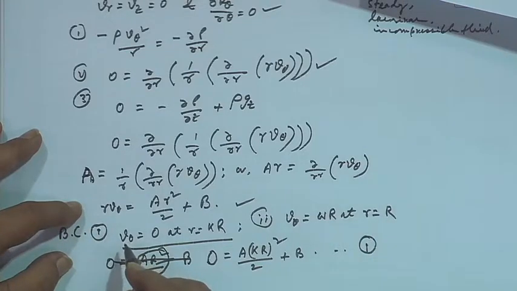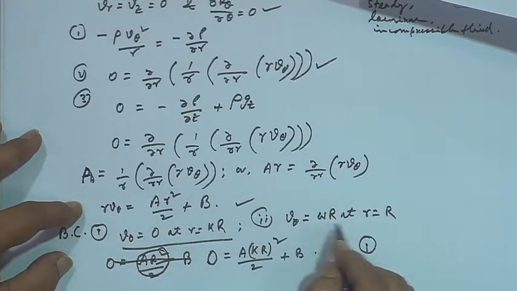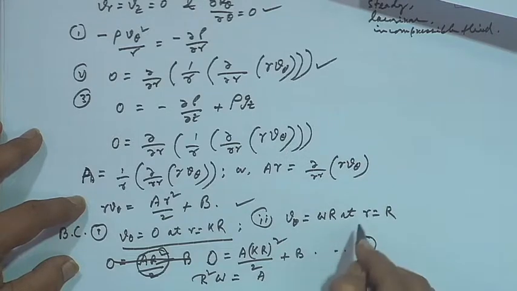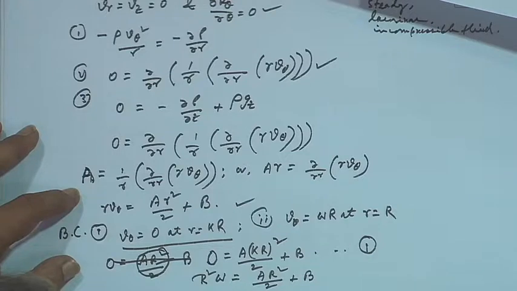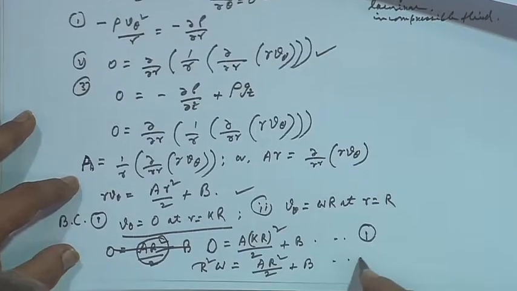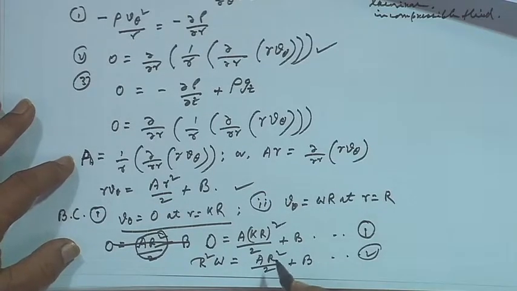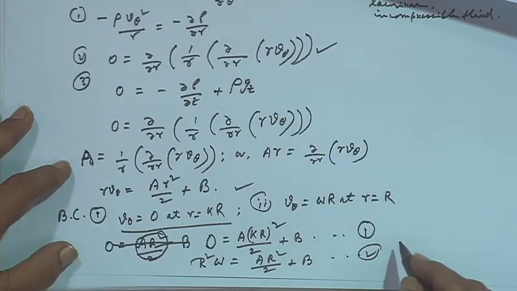So, instead of this we write v theta is equal to omega R at r equals capital R. The second one we can write as R square omega is equal to A R square divided by 2 plus B. From these two equations, by solving, we can say that B becomes equal to 0.